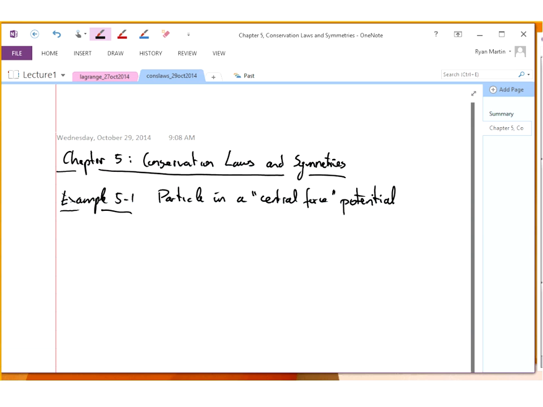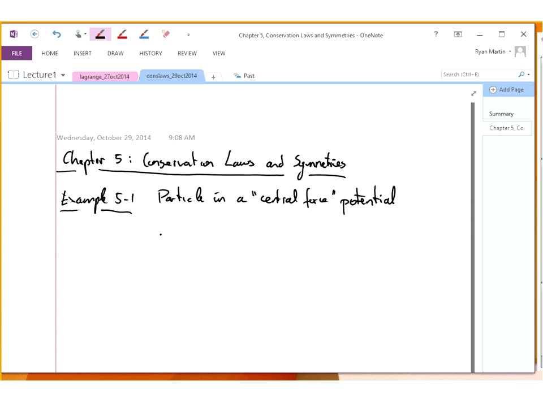An example of a central force is gravity, right? The force depends on the distance between two objects. Or the Coulomb force is also a central force. And in principle, you can have central forces that go as 1 over r, or 1 over r cubed, or fourth, or whatever. Okay? And we're not going to care what the shape of it is.